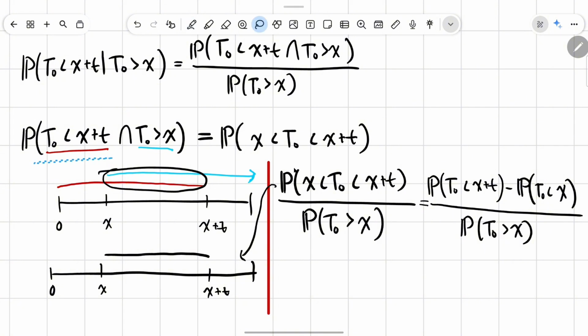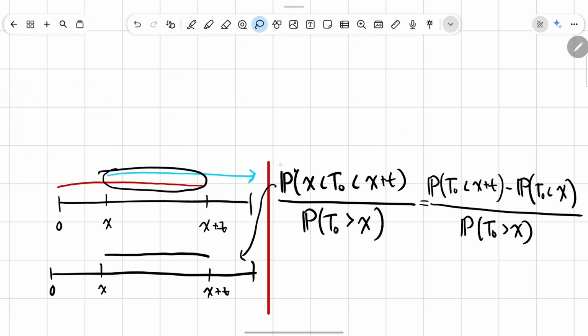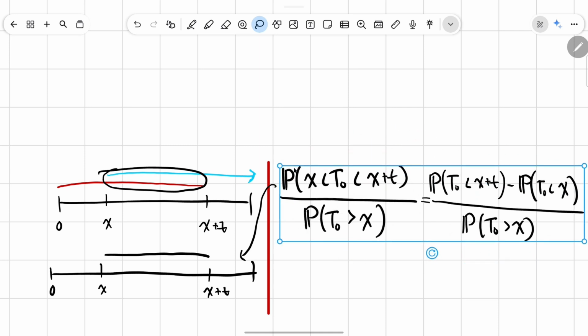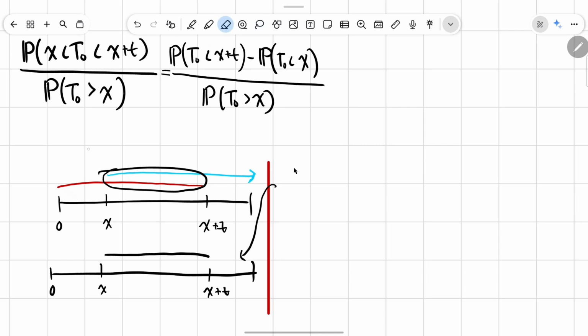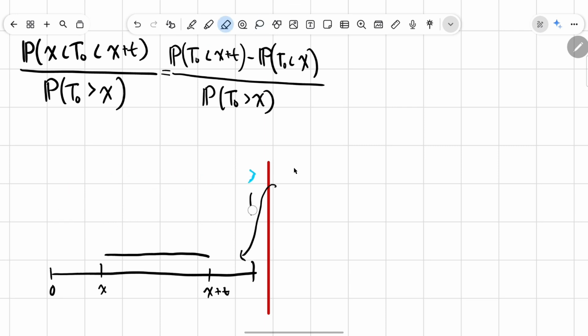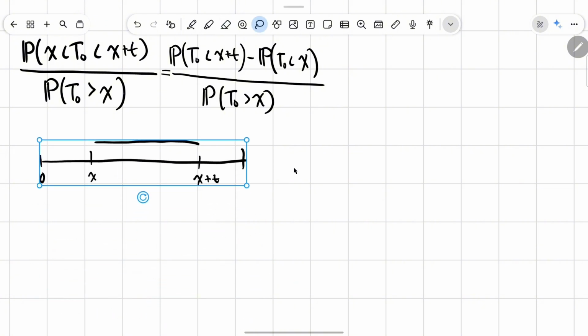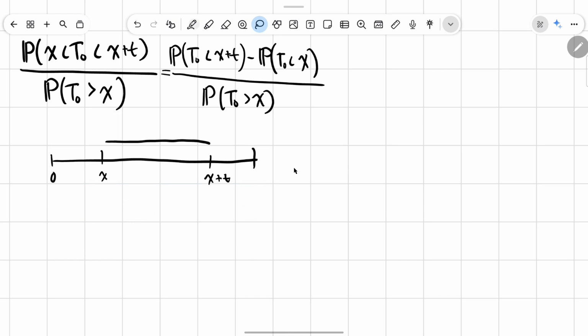Now, to those having a hard time understanding, let me explain it again. Okay, so we've established this, the left hand side. We know that the numerator is written as this. And then when we try to create the time diagram for this part, it's just saying 0, x, x plus t.